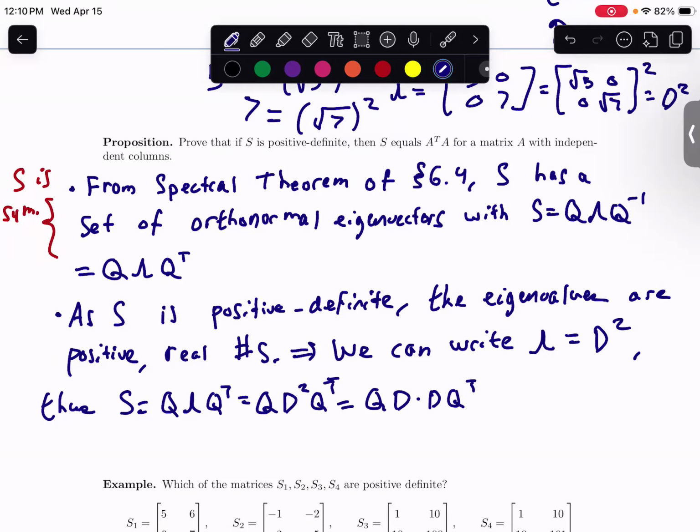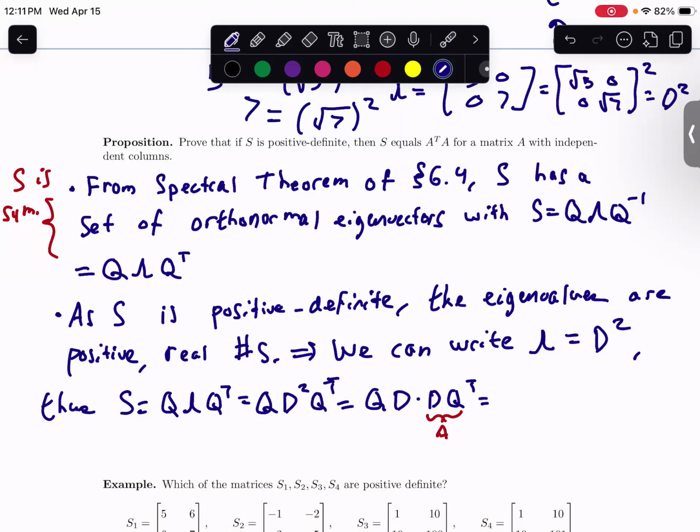And then this next part is going to look pretty dumb, but the goal is I want to be able to write S as A transpose times A. And this is kind of our A right here. So we want to express this product as A transposed. How I'm going to do that, this part looks a little bit silly, is I'm going to write it in the following way.